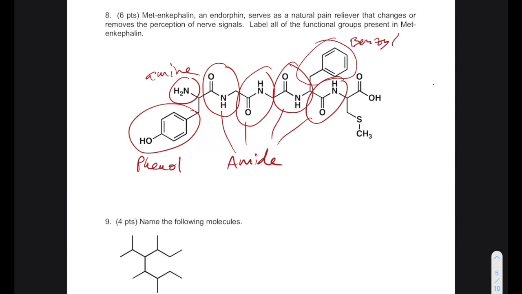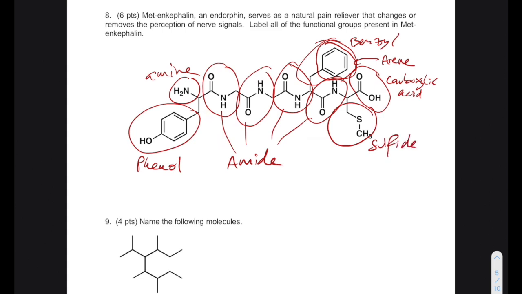If you grab just the aryl part, you can call this an arene. It's not technically a benzyl, or it's not a benzene. It isn't really how you would call it. You would call this just an arene or an aryl group. Here we have a carboxylic acid, and here we have a sulfide.